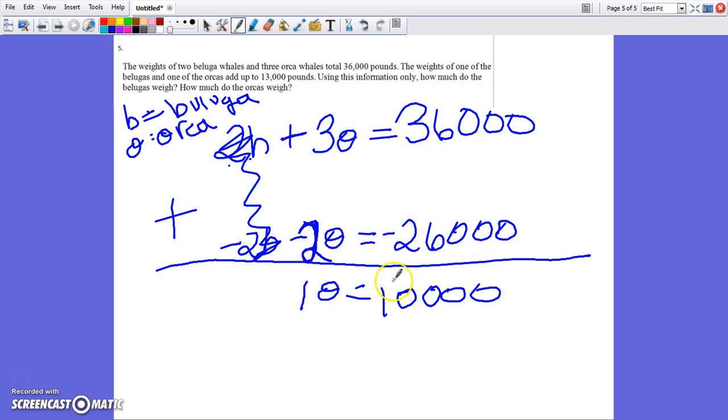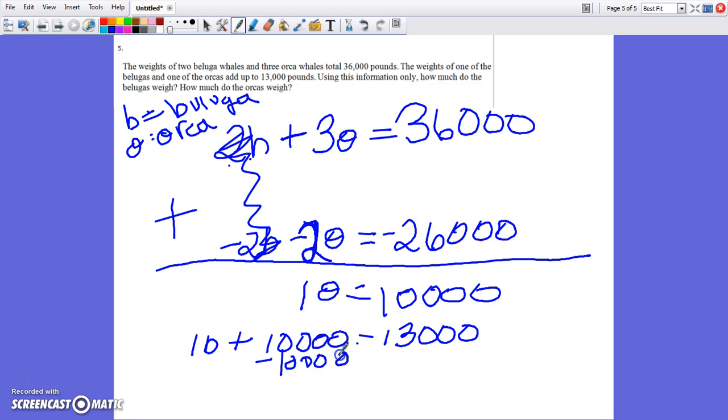So now that I know that one orca is 10,000 pounds, let's go ahead and rewrite that other equation because that's going to be the easiest one to do. That was one beluga and 1 orca, but instead of 1 orca, I'm going to write 10,000, equal to 13,000. So if you just subtract 10,000 from each side, oh man, I spoke too soon.